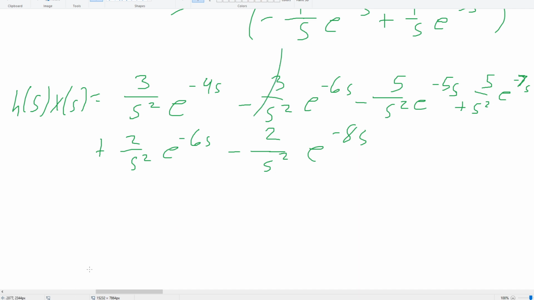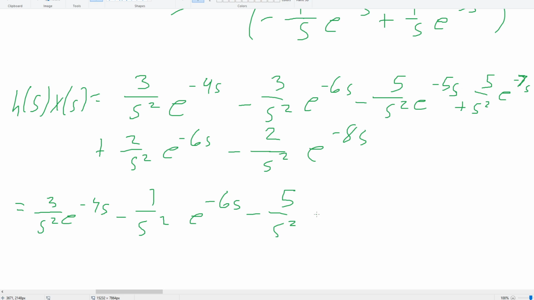So if you combine these two, this is equal to 3 over s squared e to the negative 4s, minus 1 over s squared e to the negative 6s, minus 5 over s squared e to the negative 5s. You might want to reorder these two, so it's in order, but it doesn't really matter.